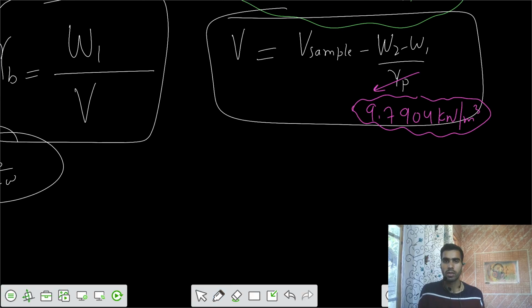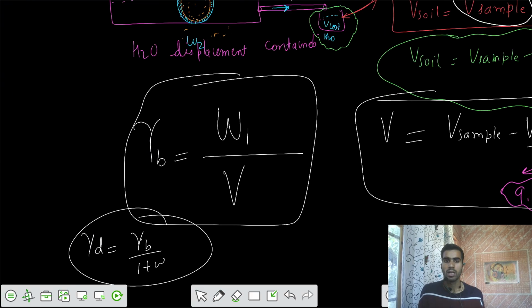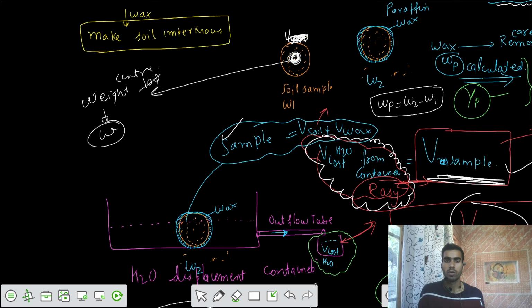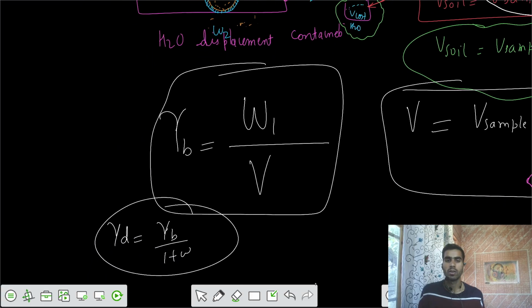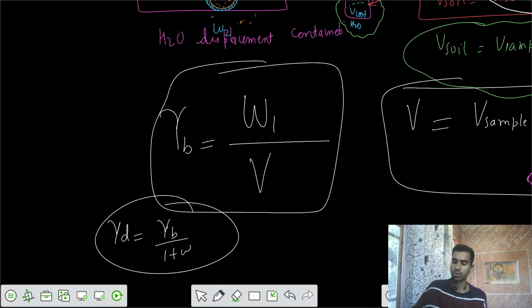Once we have that, you can get the total volume of soil, and we already know the weight of the soil sample, W1. So you can solve for the bulk unit weight, W1 by V.